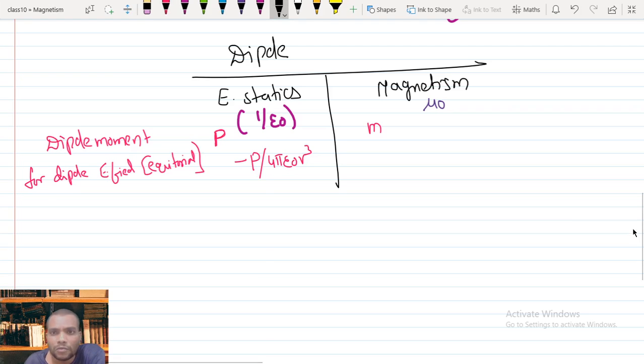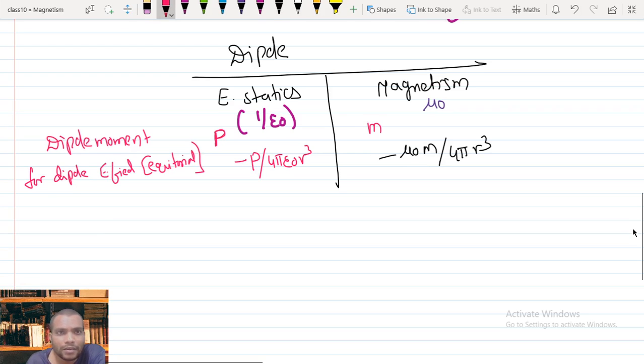In magnetism we have the same concept, but here it is a magnetic dipole. Only the terms change. That becomes minus mu naught times m upon 4 pi r cube. They are both similar in character.